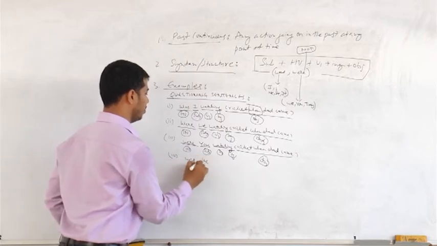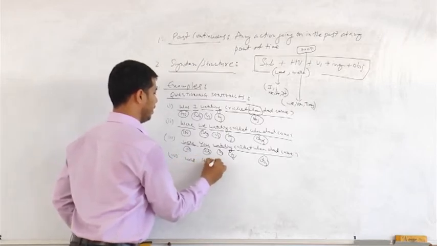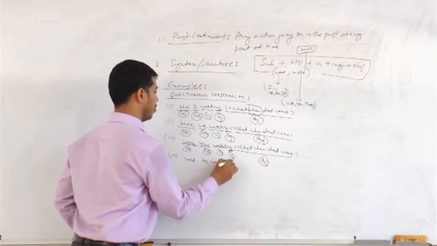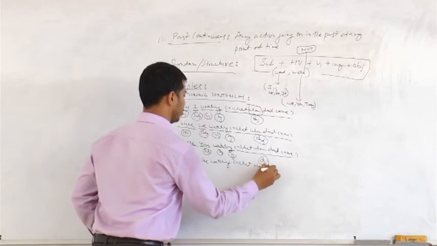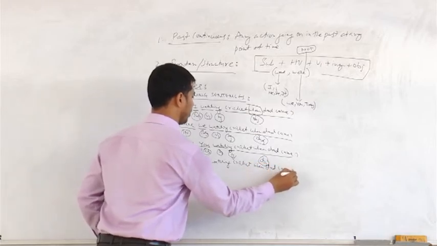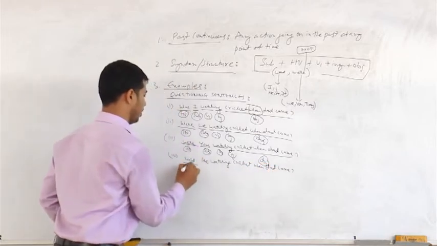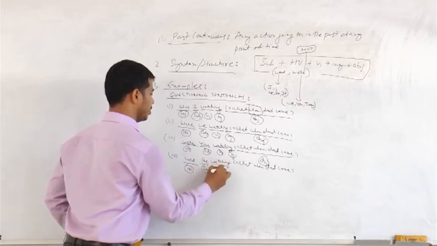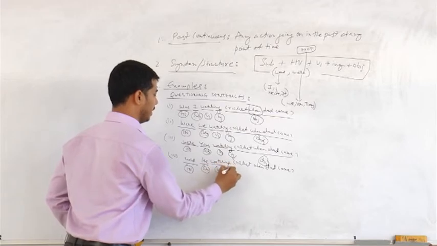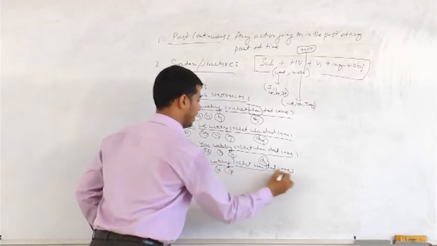Now let us go with the personal pronoun he. Was he watching cricket when dad came? Okay, was is the helping verb, he is the subject, what is V1, ing is ing, cricket when dad came is what?